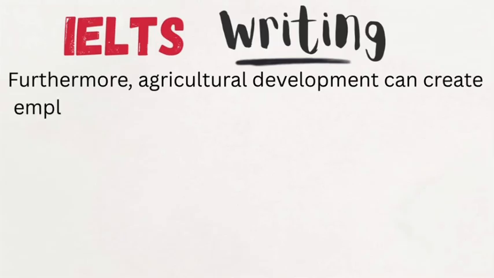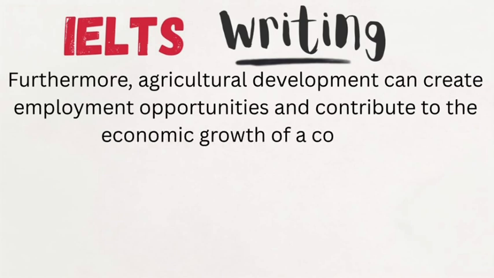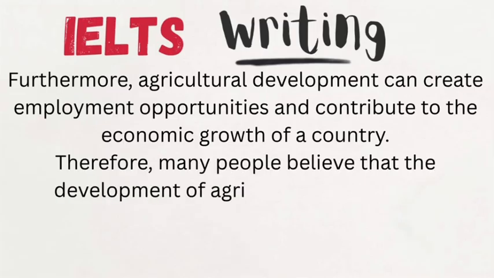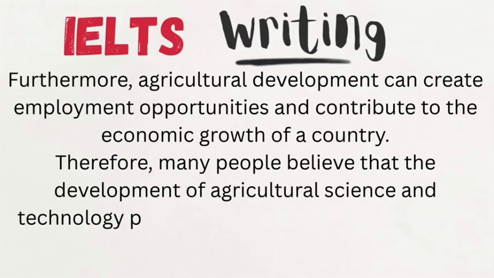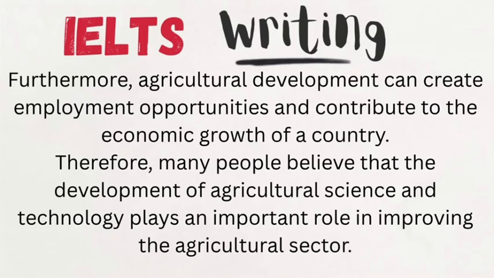Furthermore, agricultural development can create employment opportunities and contribute to the economic growth of a country. Therefore, many people believe that the development of agricultural science and technology plays an important role in improving the agricultural sector.